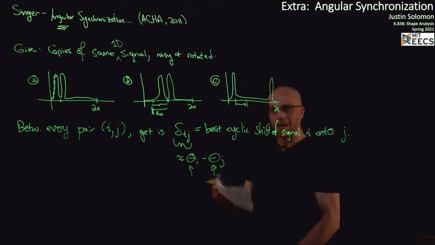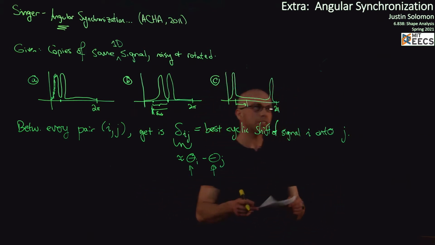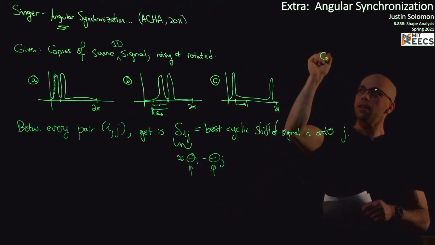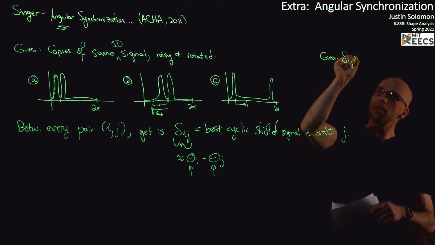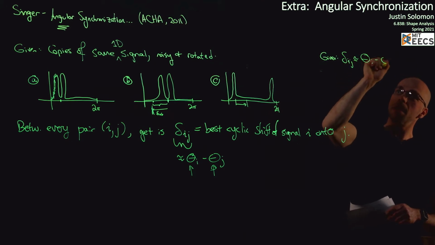So, right, if we want to distill our problem a little bit, one way to understand it is that we're given a bunch of delta ij's, which are roughly equal to the difference theta I minus theta j.